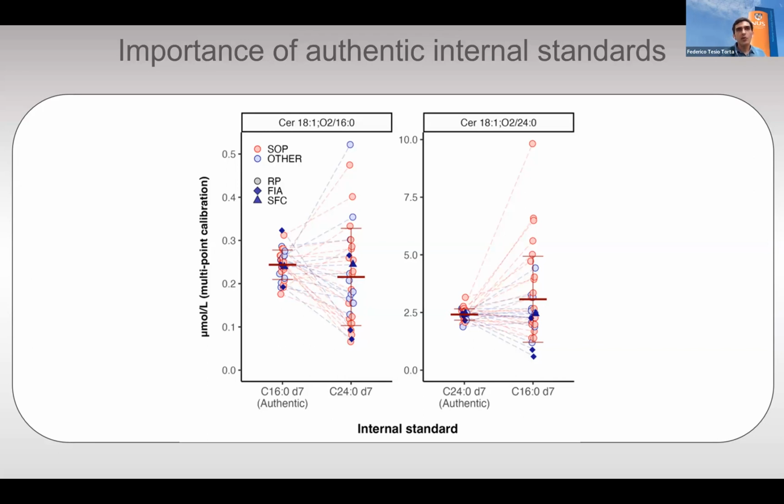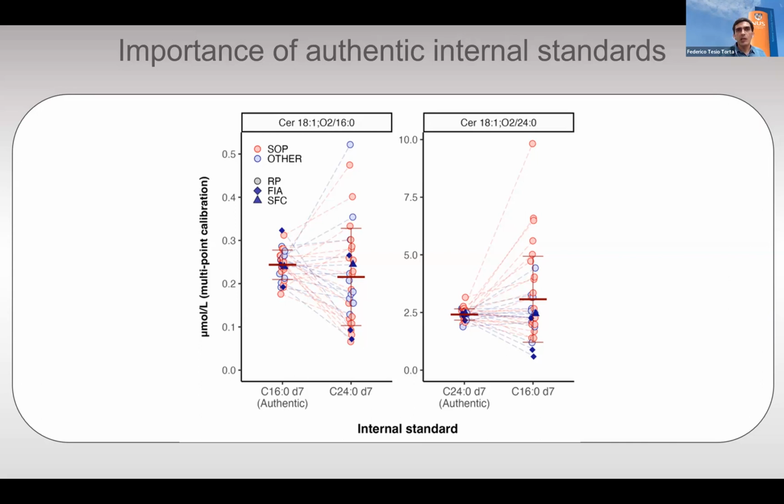Now, of course, we can say that in this case, the structure of the two standards is quite different, mainly in terms of chain length. But we looked also at all the other standards. We compared 16 with 18, 24:1 with 24:0, and we obtained very similar results.